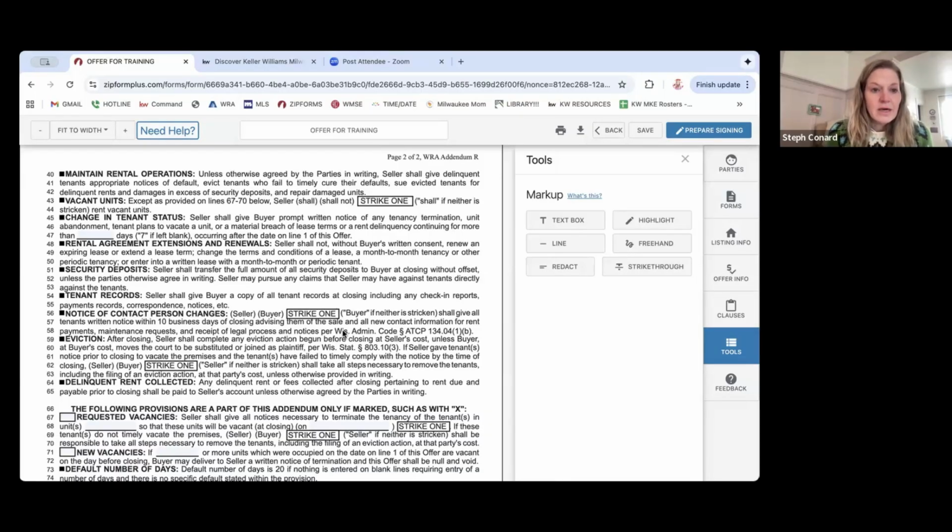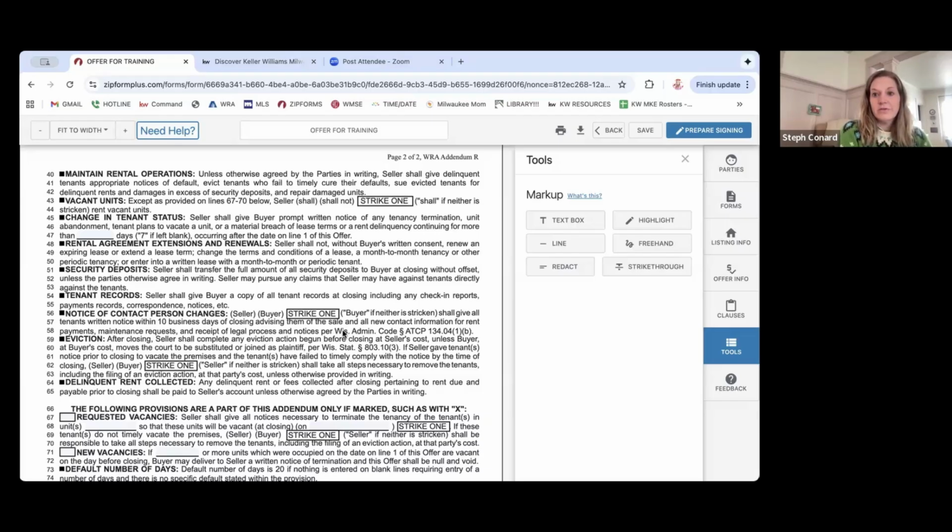Vacant units: except as provided on line 67 to 70, the seller shall or shall not rent any vacant units. This is a good one for a buyer who might have picked out a certain duplex as a potential owner occupant scenario.